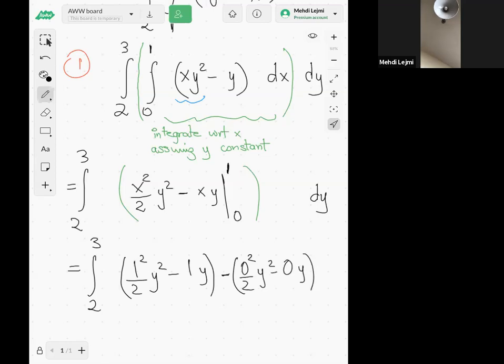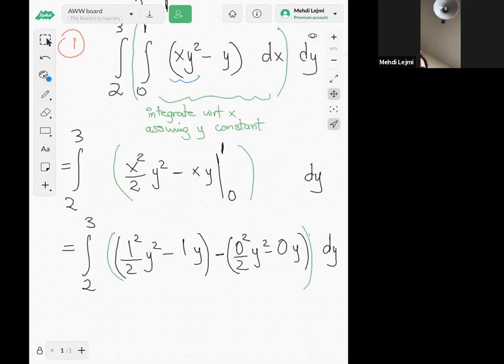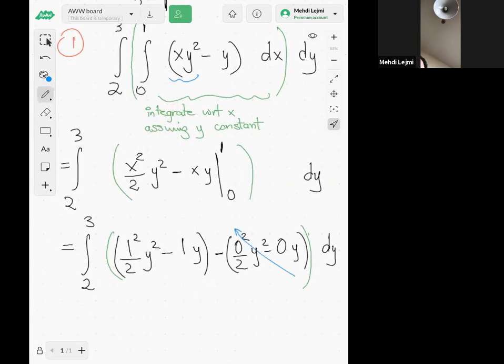And then we have our dy, of course. This whole thing here is just 0, right? And then we have the integral from 2 to 3 of y squared over 2 minus y, dy.